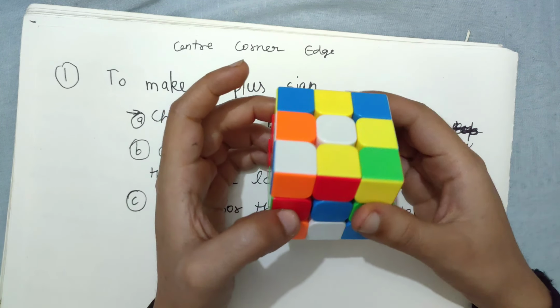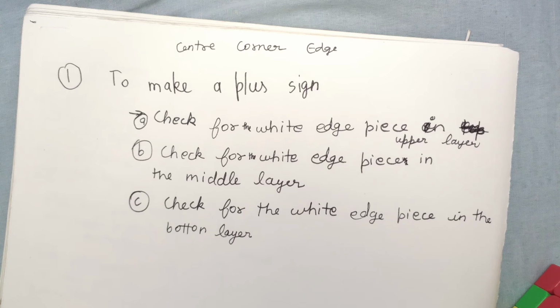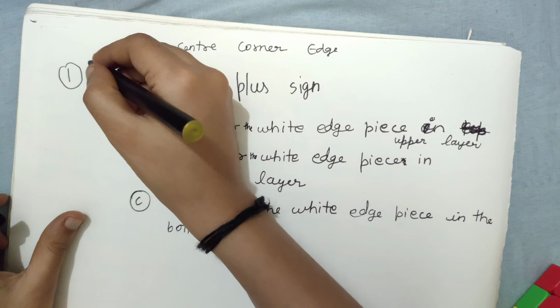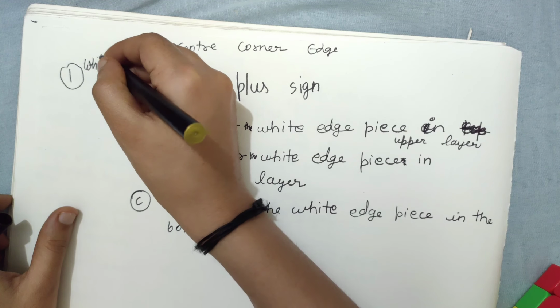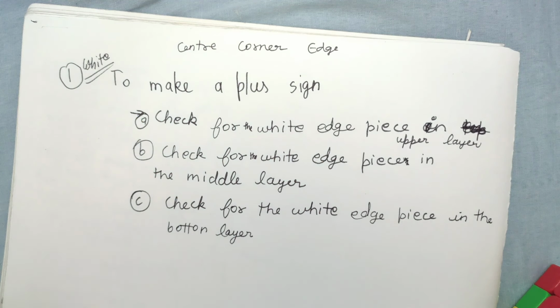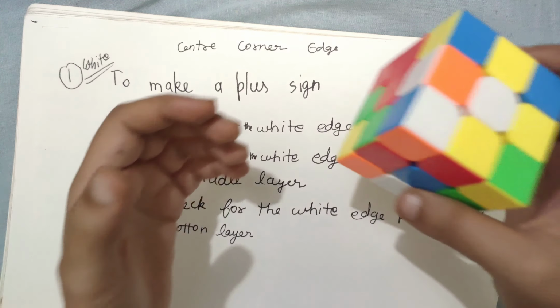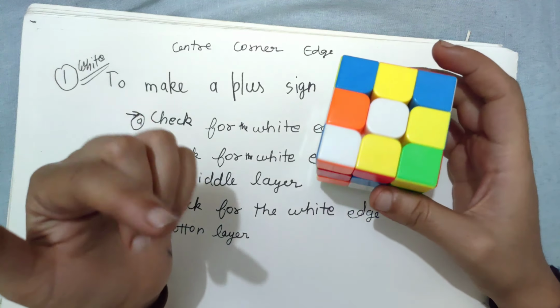Whenever you're trying to solve, for example I decided that I'll start solving from the white pieces. My first layer that I'll complete is white. Then I'll learn how to orient the cube accordingly.